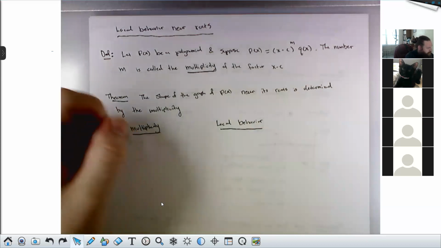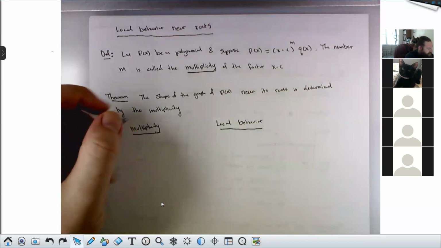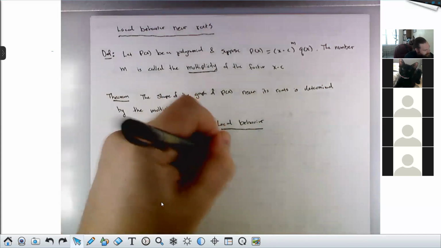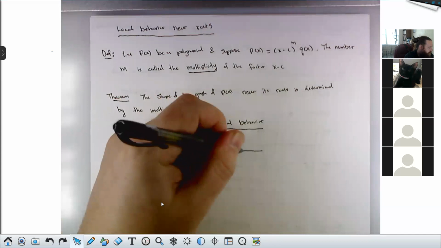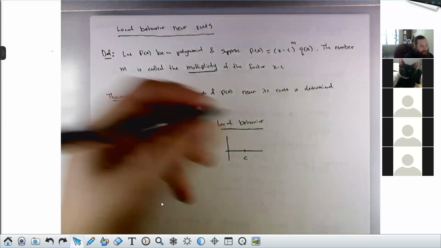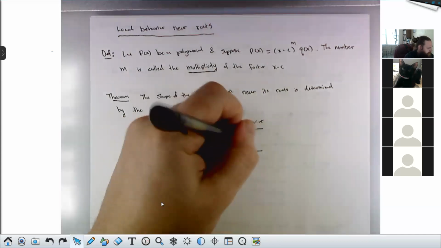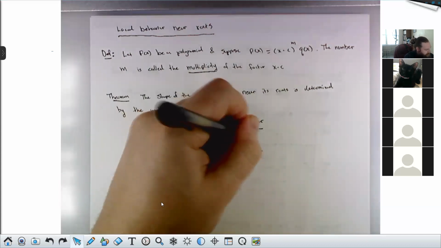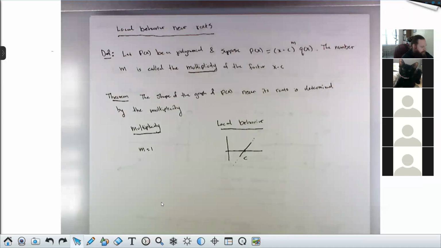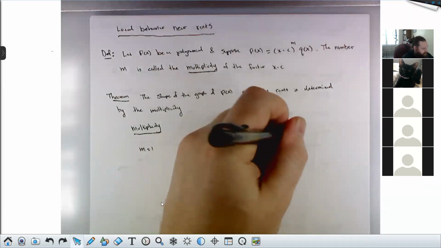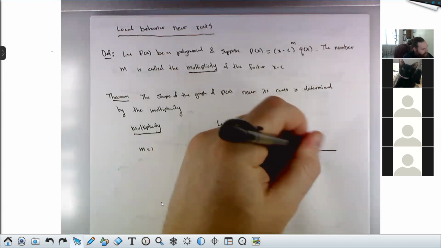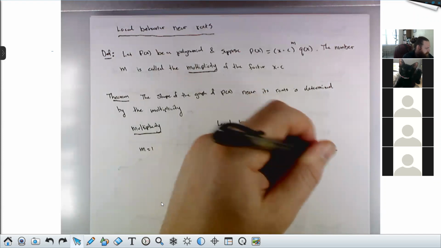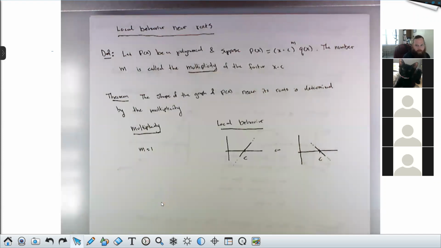So if I have a root at x equals c, and the multiplicity is equal to 1, then there's really only two ways that the graph of p of x could look nearby c. Either it looks like this, right? Just crossing straight through from bottom to top, or like this, crossing straight through, but from top to bottom.